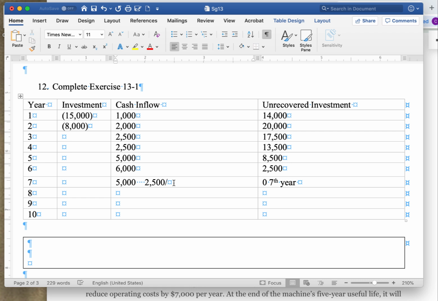So I can divide those two numbers, and that gives me 0.5, right? So I can say then that my payback period is 6.5 years, okay? Getting a little more exact, all right?